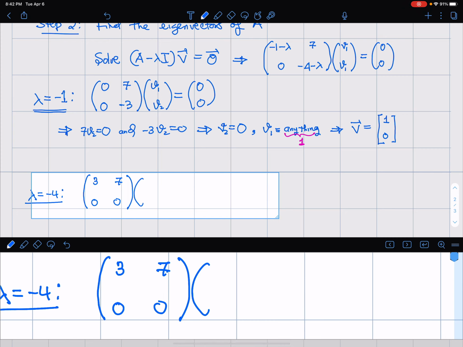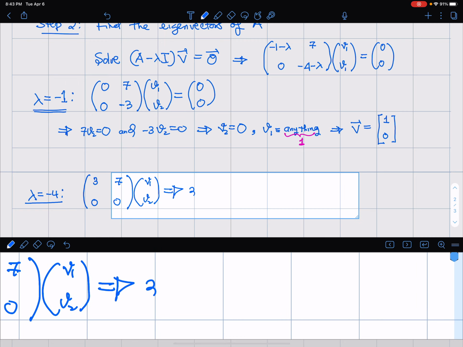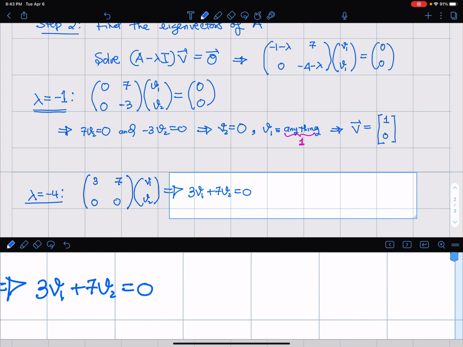So this is V1, then V2, and this is going to give us 3V1 plus 7V2 is equal to 0. What does this mean?